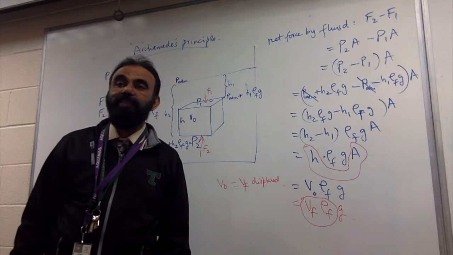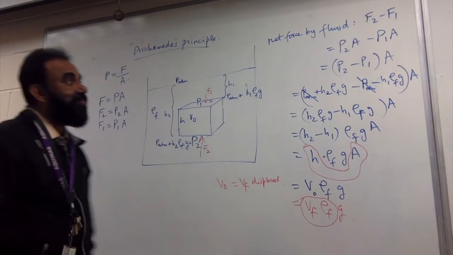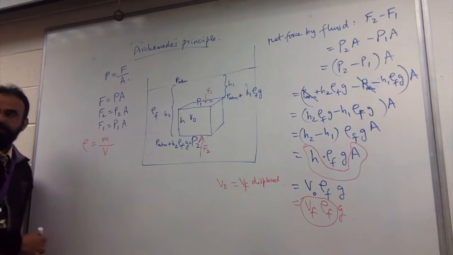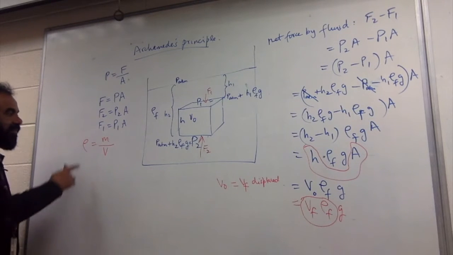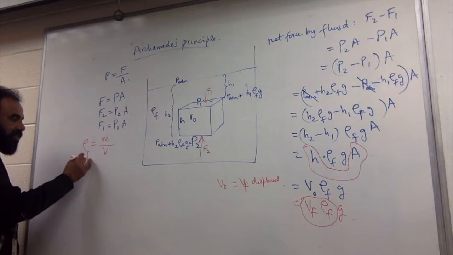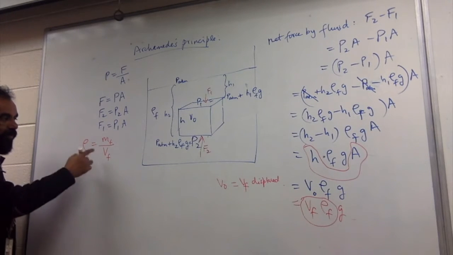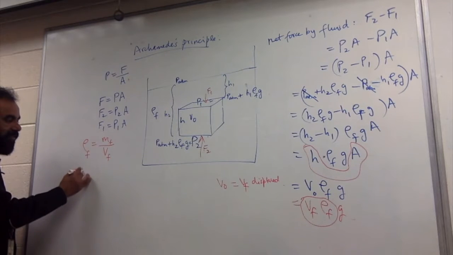That's the first thing we did in this chapter. Density is mass over volume. That means density of fluid is mass of fluid divided by volume of fluid. So what is the product of volume and density?